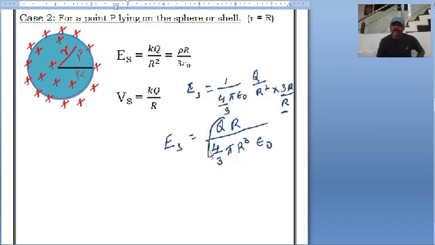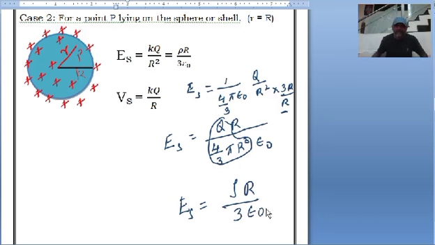Now this is charge divided by volume, so therefore the electric field intensity on the surface is equal to rho R divided by 3 epsilon naught.